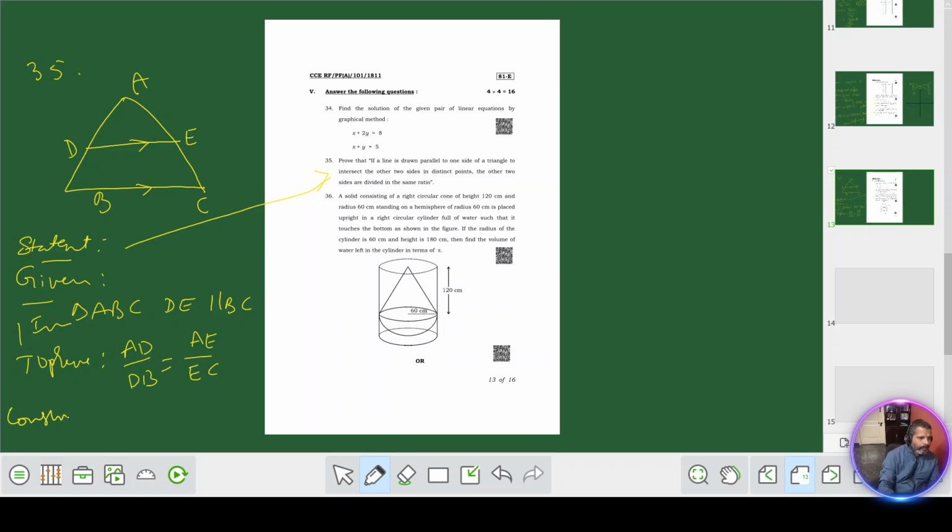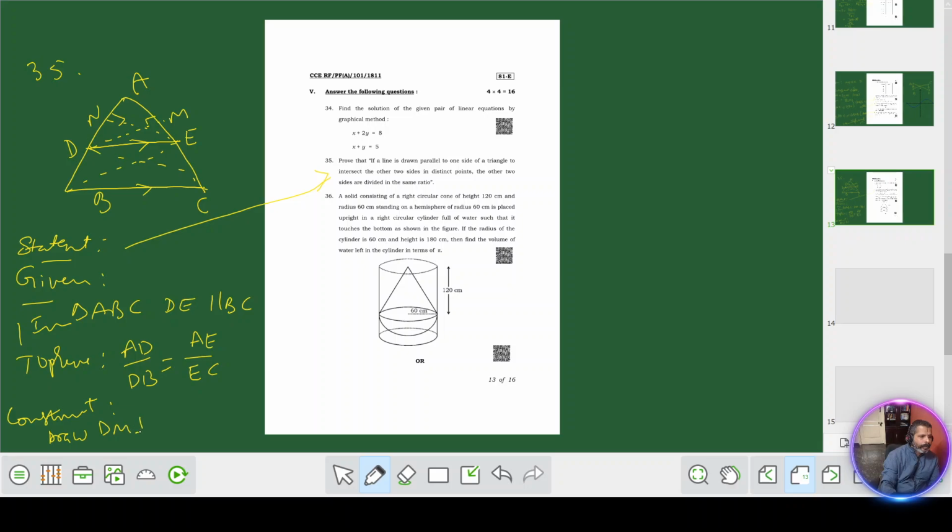Construction we write. What is the construction?